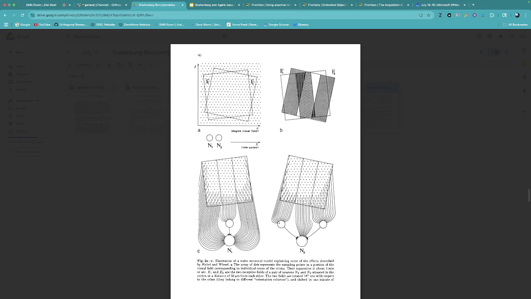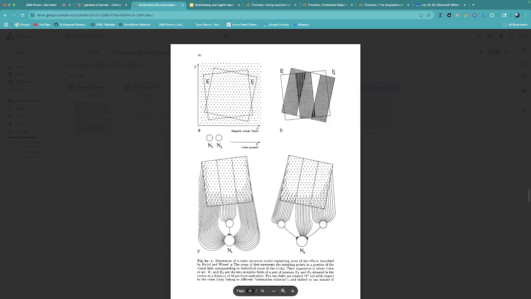So here's a wiring diagram. Here, an illustration of a naive neural model explaining some of the effects described by Hubel and Wiesel, who studied the cortical columns processing basic shapes in visual cortex.